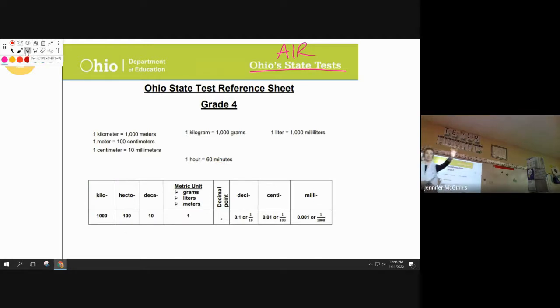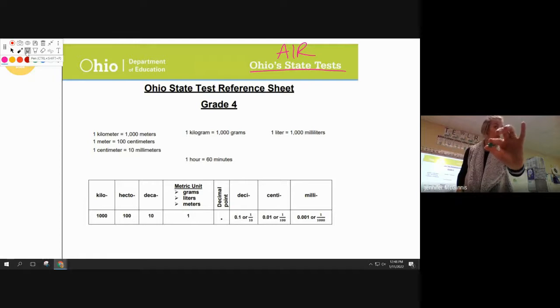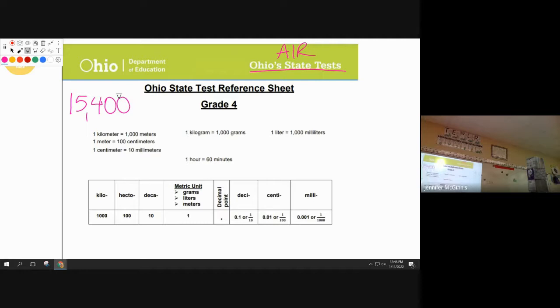This little teeny tiny one thing, this is the ones place. How are your wheels? Wheels are good for this? We're fine? Yeah. Ones place. What number are we trying to draw? 15,400. Let me write this up here so we have that in our mind. How many ones do we have in the number 15,400?